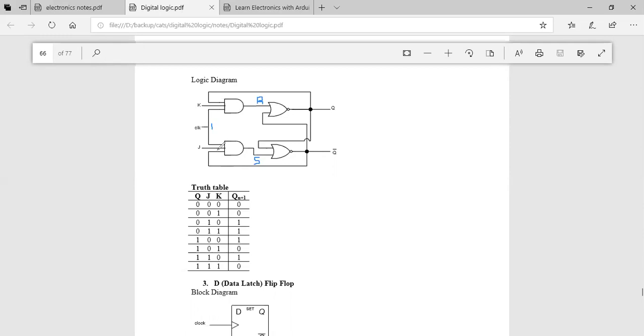But in the clocked RS flip-flop, we just had 2 inputs: the clock, then an R here, and an S here. So the additional feature is that the clocked RS does not have this line, and it does not have this line.